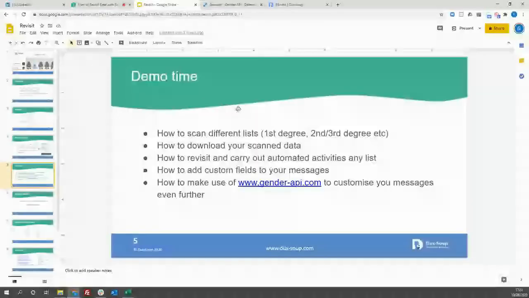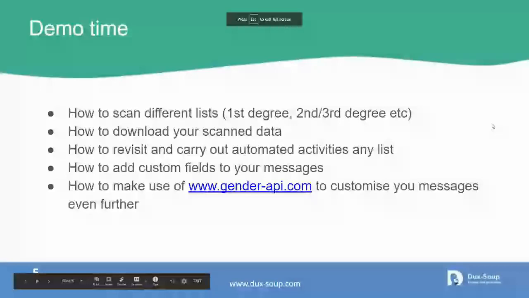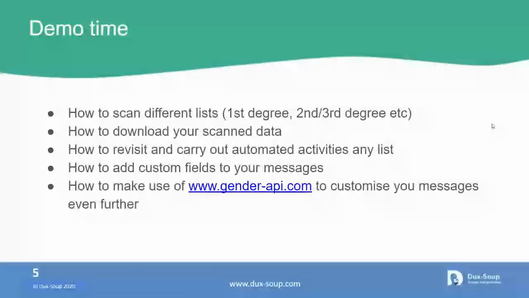So if I just go back to the slides very quickly, I'm just aware of the time. We've gone through how to scan different lists: first degree, second, third degree, people who've reacted to posts. You could do it with alumni lists, employee lists, any list of people you find in LinkedIn.